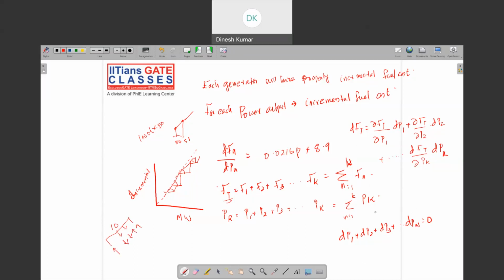So if you multiply this by a constant lambda and subtract it, we can write like this. I'll write on the next page.